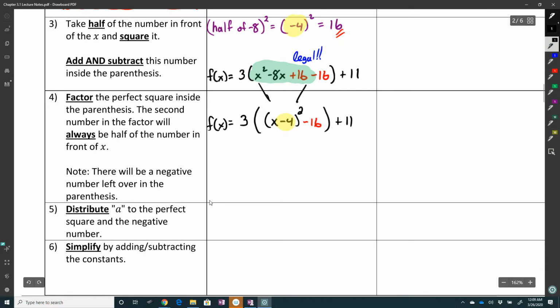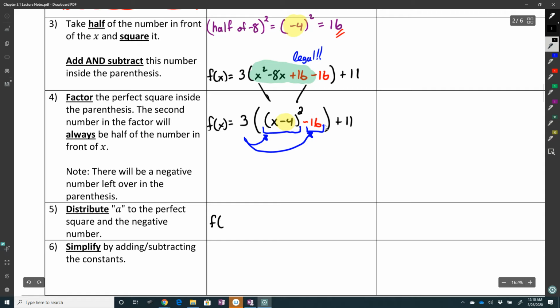All right, and we're almost done. The next step is to get this 3 and distribute it to the inside. Now there's only two things here. There's the square term and the negative 16. So we distribute the 3 to each.